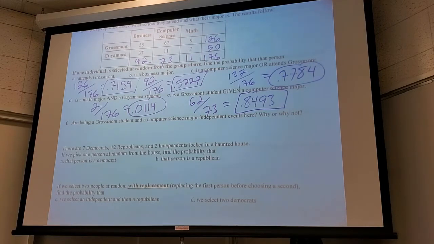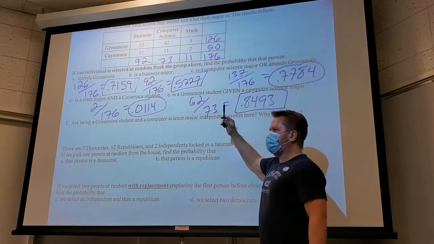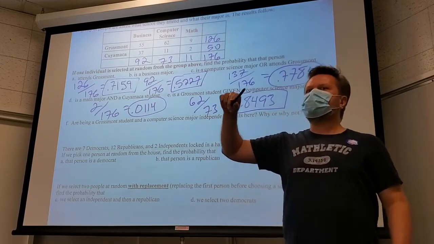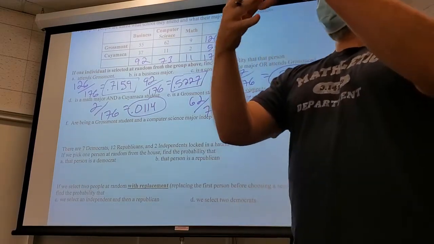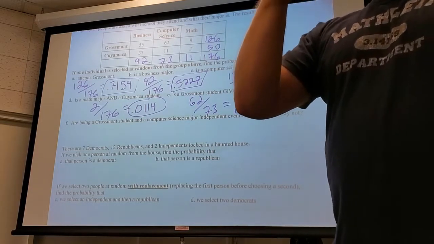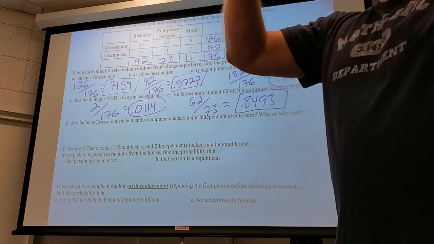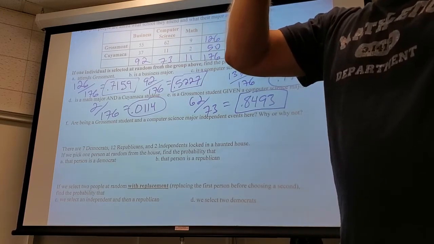Part F, I didn't really talk about directly, but I really want this to make all the sense in the world. To discover if they are independent, I have to see how they interact. Does that make any sense? Yes, right? The only probability that actually looks at how they interact is a given.